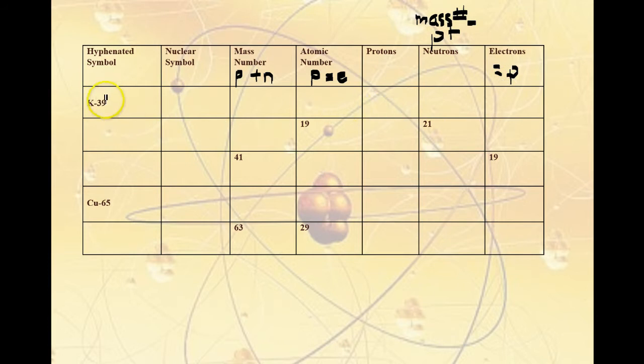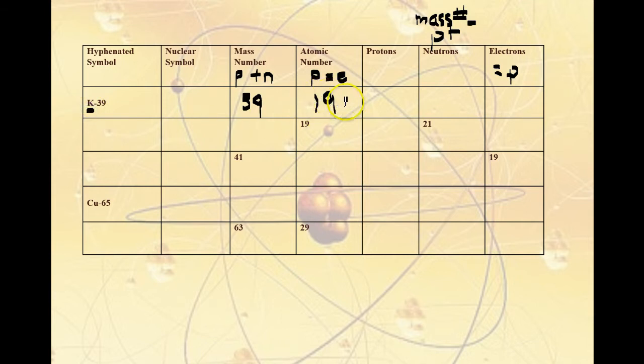So if we take a look at this, K is potassium, it's on the periodic table. This is the hyphenated symbol. The number that follows is the mass number, so we can come over here and put that the mass number is equal to 39. Now, how do we find any other information? Well, the atomic number is on the periodic table, and if we look for potassium, we see that its atomic number is 19.